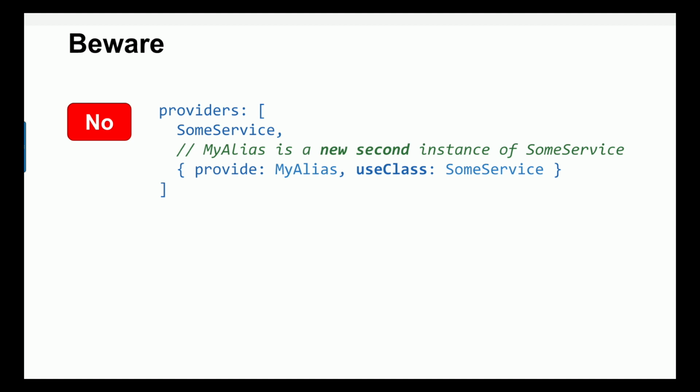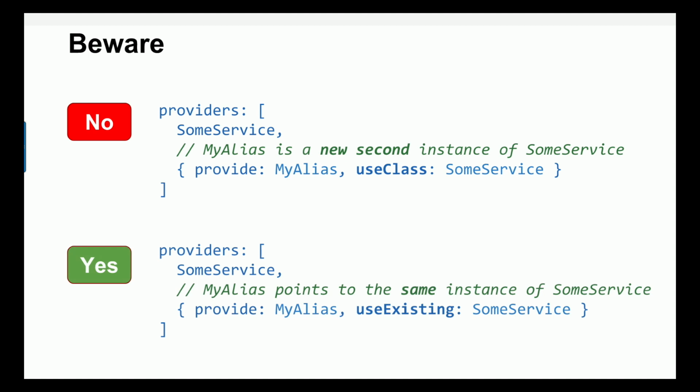It's going to be okay if it's a stateless service, but you can imagine if some service cached something, and you in one place had read some service and it cached a customer, and then you go use the my alias and you expect the customer to be there, it's not going to be there. Because it's in my alias's own private version of the some service, not the original. It's missing. So when you want to alias, you use existing. Now, whichever one I inject, I'm really talking to the same instance of the service.